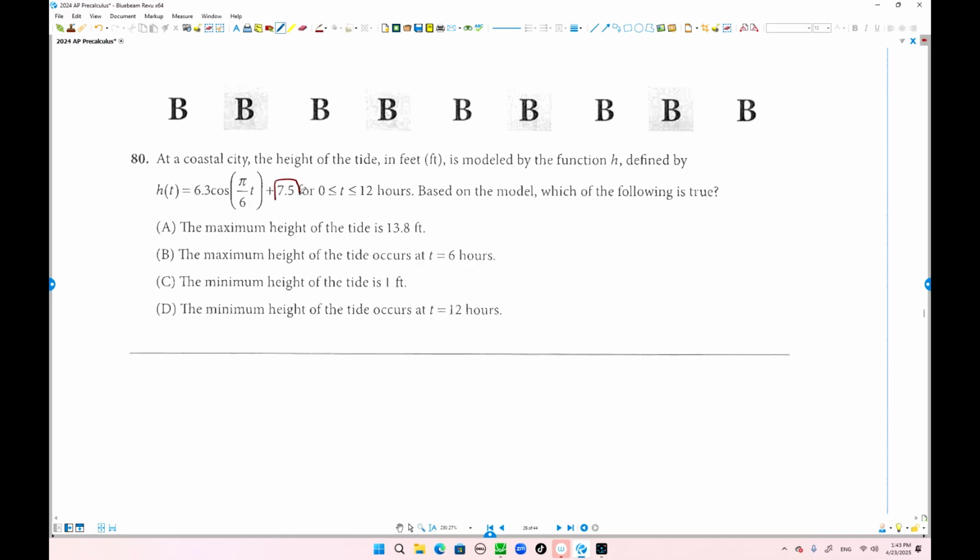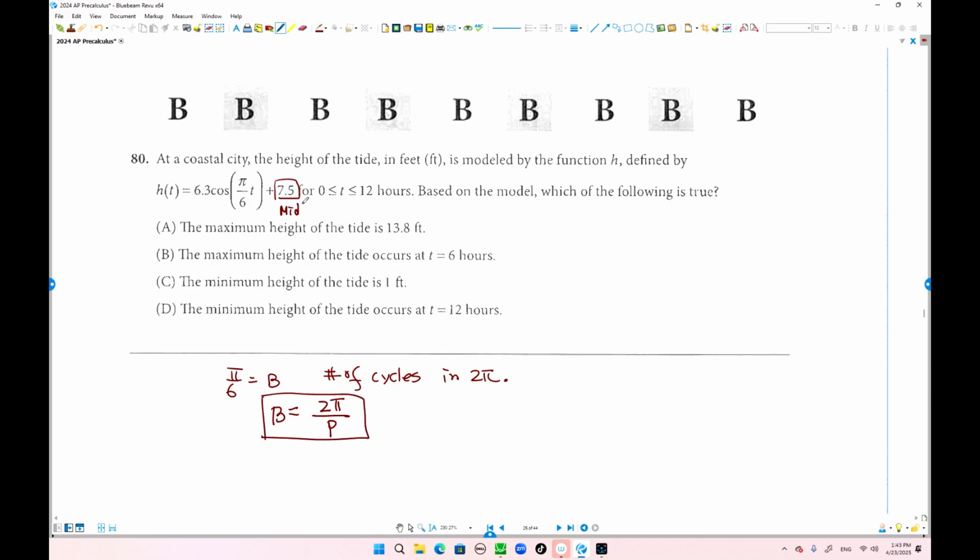This is the midline. 6 over pi is the b value. What is the b value? The b value is the number of cycles in 2 pi. This is not proportional, it is just the number of cycles in 2 pi. The b value can be obtained by 2 pi over the period. You have to remember this one.